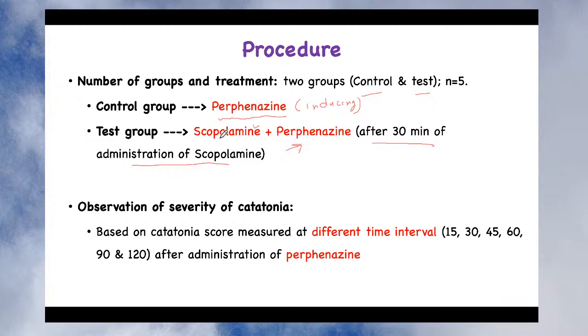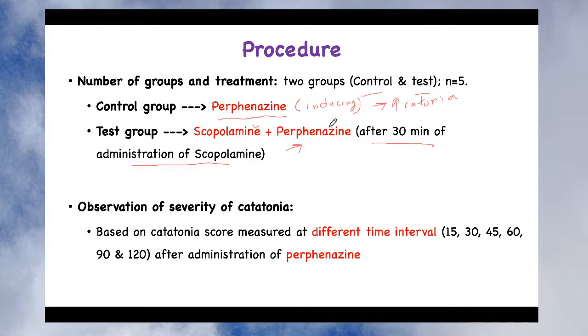So what will scopolamine do? Since you have given scopolamine before the inducing agent, scopolamine will try to protect the animal from catatonia, rigidity and akinesia induced by perphenazine. So when you see the activity in this group, here you will see the more catatonic effect. Catatonia specifically is the term used in the animal model, and it resembles the condition of akinesia and rigidity in human beings.